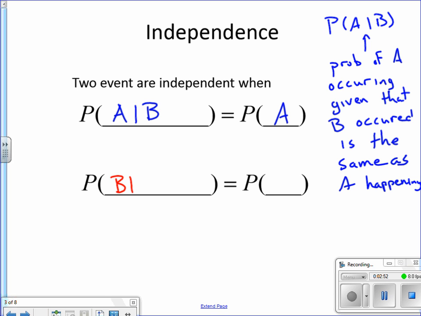The probability of B given A is the same thing as the probability of B. The way that I always remember it is the event that comes first in my conditional is the one that's going to be by itself here. So you can see B given A is the same as B, or we go back to the first one, A given B is the same thing as A. So the first letter in the conditional is the same as the one that's isolated or all by itself on the other part of your equation.